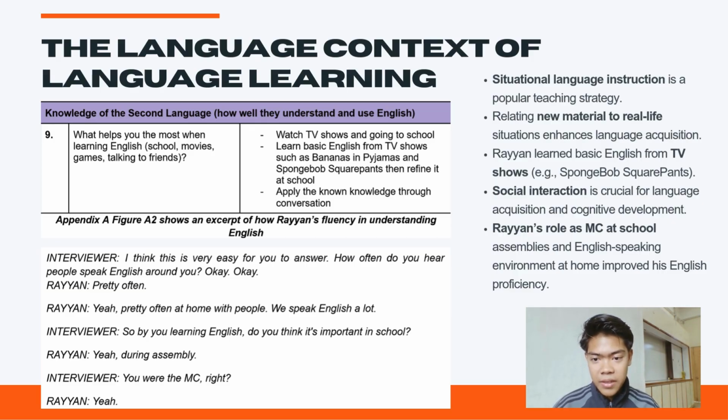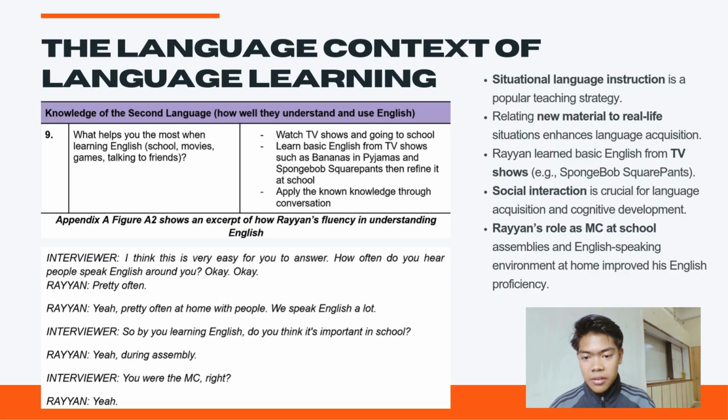language learning. Now, one of the popular teaching strategies in ESL classrooms, or English as a second language classrooms, is situational language instruction. This approach aims to establish genuine situations for students to connect new material to real life situations, which thus enhances language acquisition.